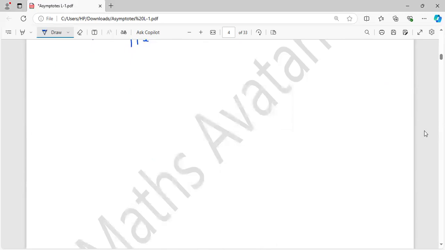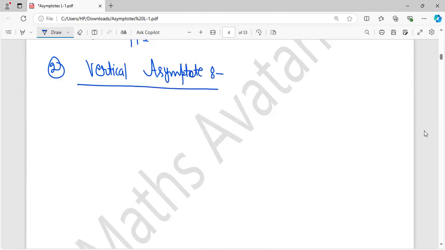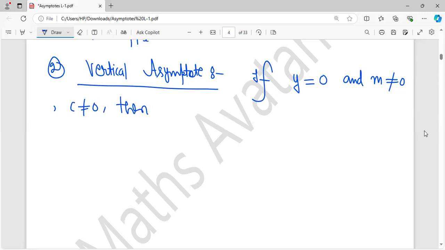The second type is vertical. If y is equal to 0 and m is not equal to 0 and c is not equal to 0, then we have x is equal to minus c upon m.